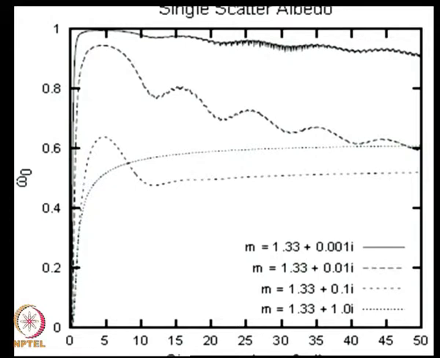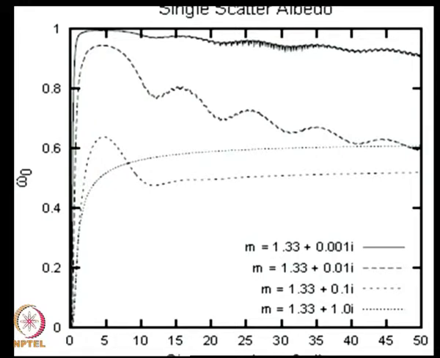Now, we have talked about absorption efficiency and scattering efficiency, but there is an important parameter called the single scattering albedo. This is the ratio of the scattering cross section to the absorption plus scattering cross section.